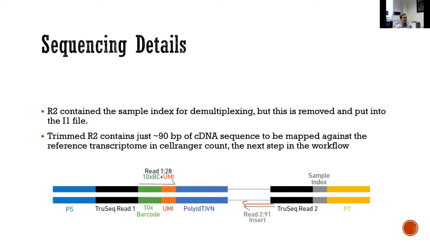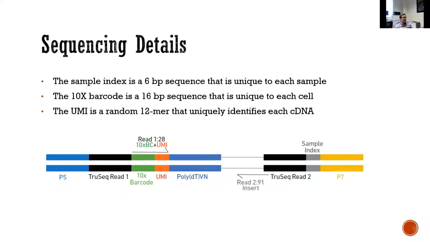It may contain 90 base pairs. That would most of the time be enough to let you know which gene this cDNA was transcribed from. Then you have this sample index, which is not very important.